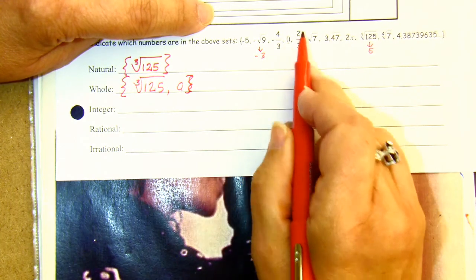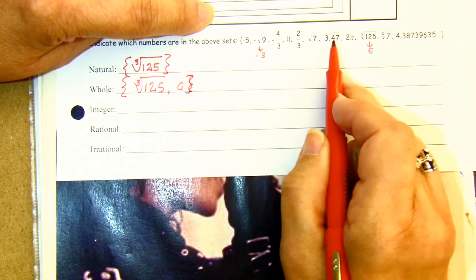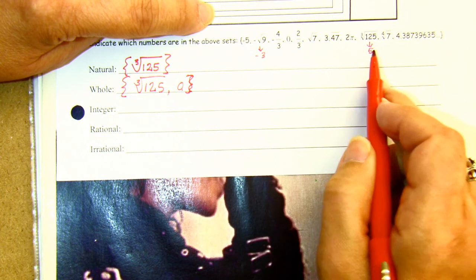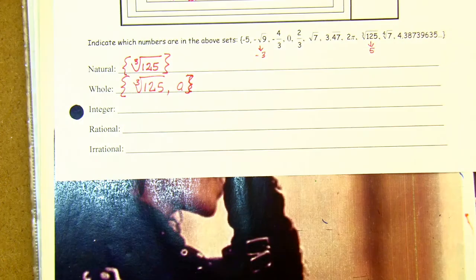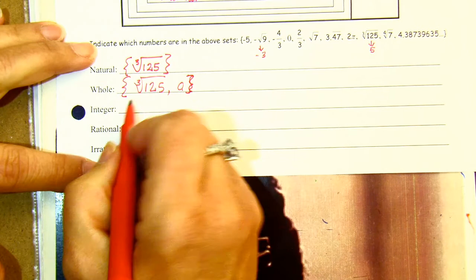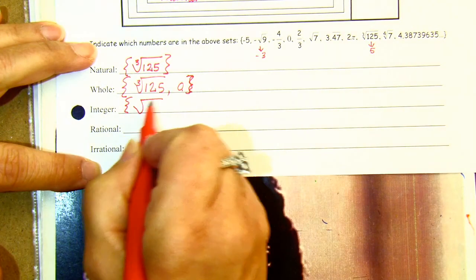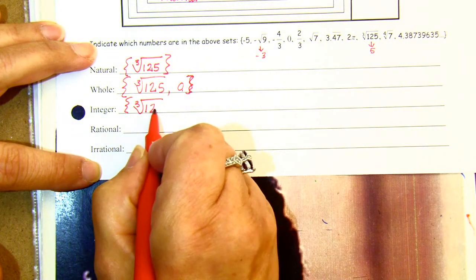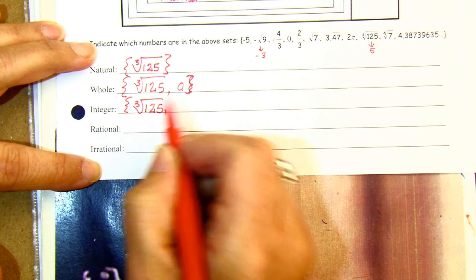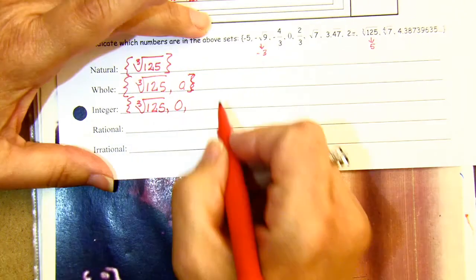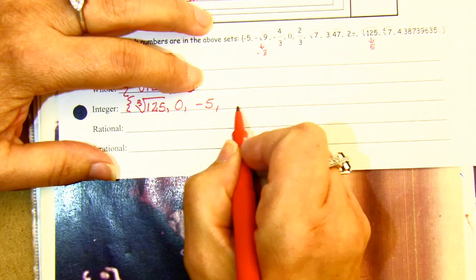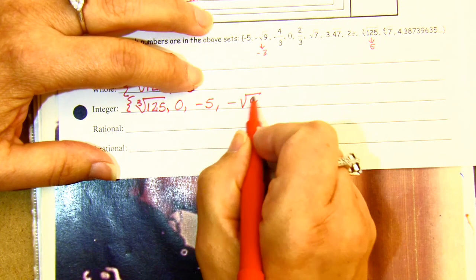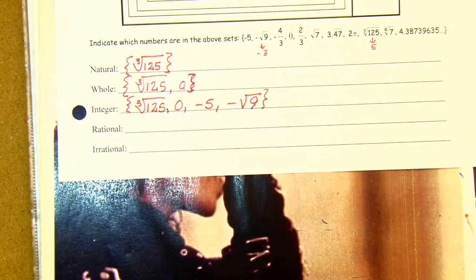Integer, not integer. No, no, no. Yes. No, no. So what's going to go in there? Everything that's in that set. Cube root of 125. 0 for sure, negative 5, and the opposite of the square root of 9, which is negative 3 incognito.